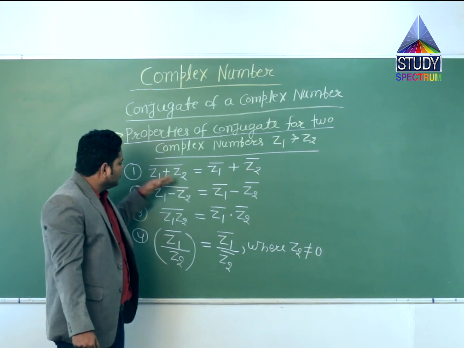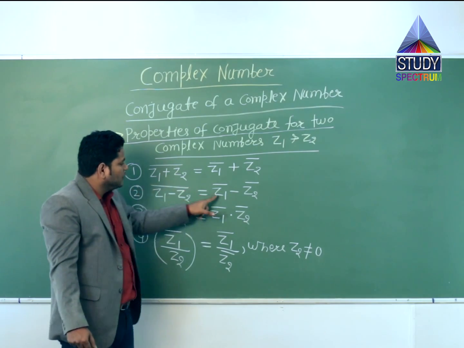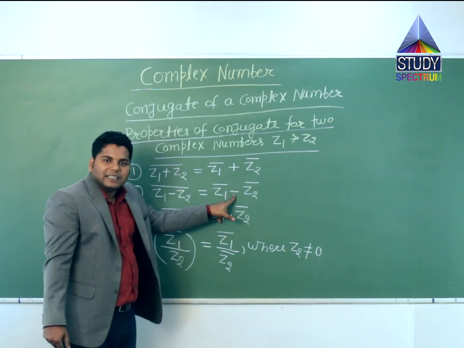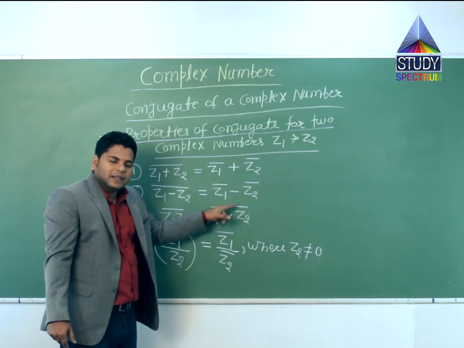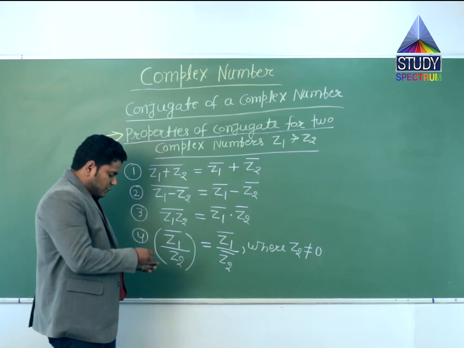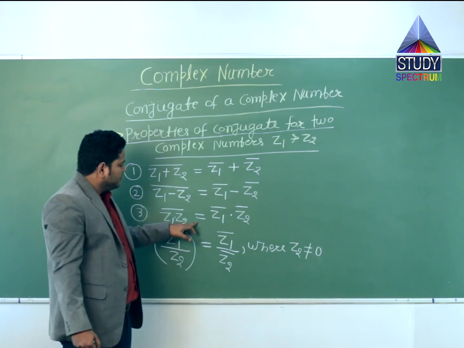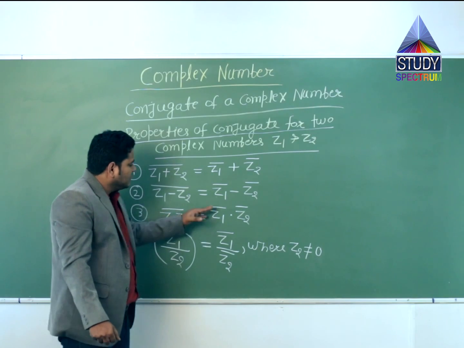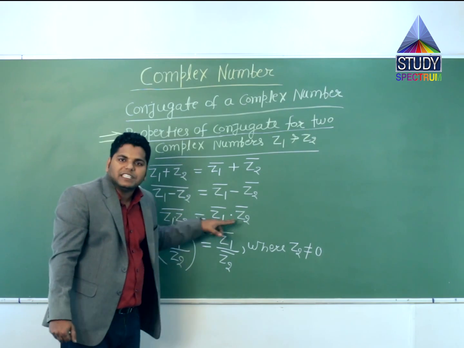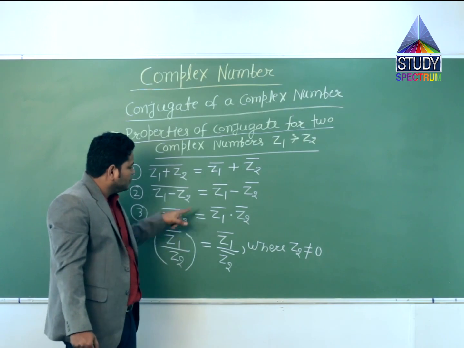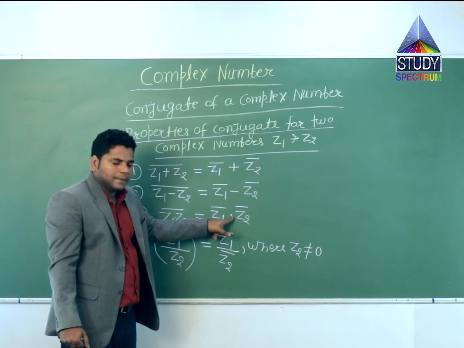Now Z1 minus Z2 whole bar, we are distributing this bar sign to both complex numbers and we retain the sign minus. Same with Z1 into Z2 whole bar, we distribute the bar sign to Z1 and Z2 and retain the sign. Here it is into, so we have put the into sign.